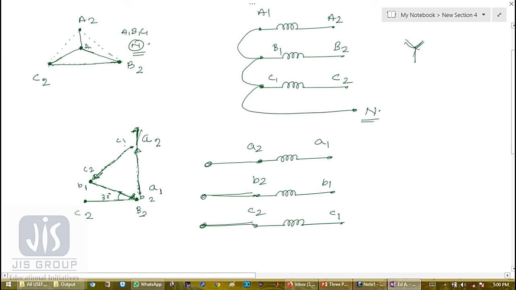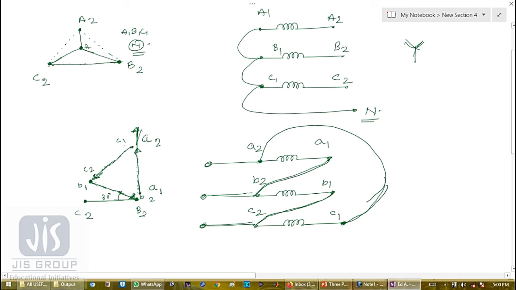Now connection: connect A1 with B2, B1 with C2, and A2 with C1.